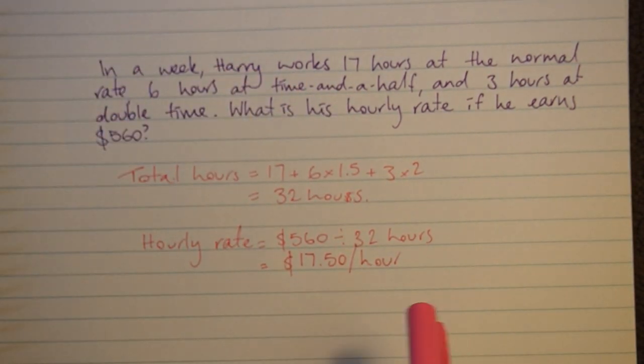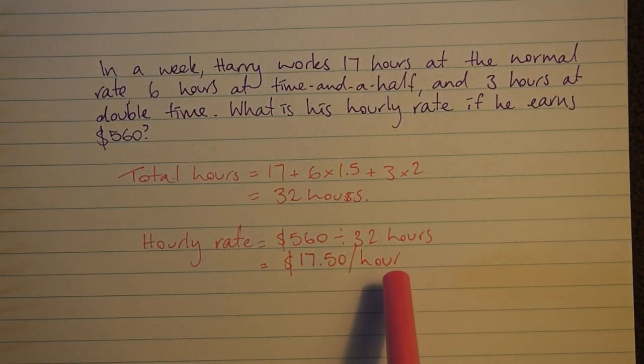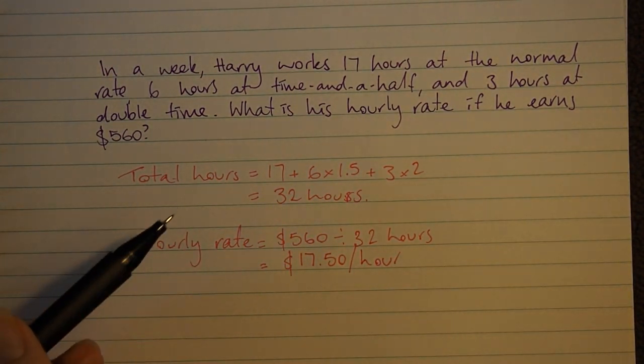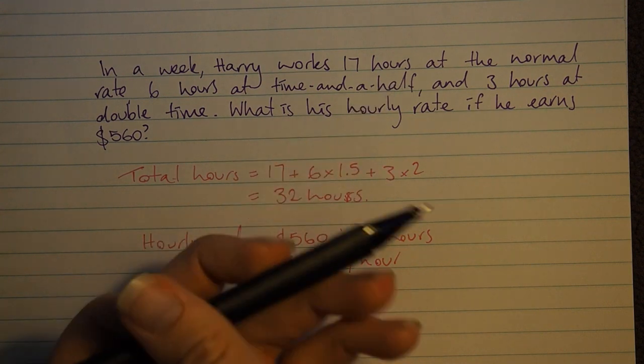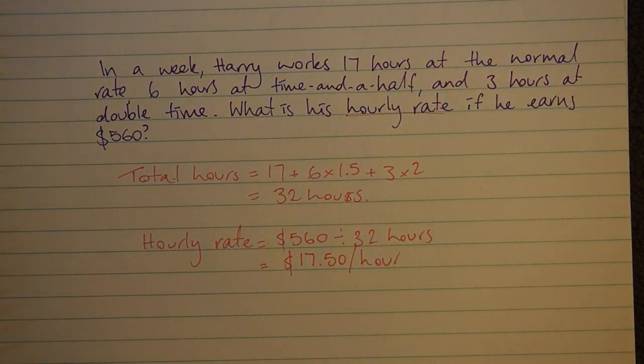Okay, so make sure that you write it as a rate, please. You've been asked in the question, what is his hourly rate? You need to give that solution as an hourly rate.